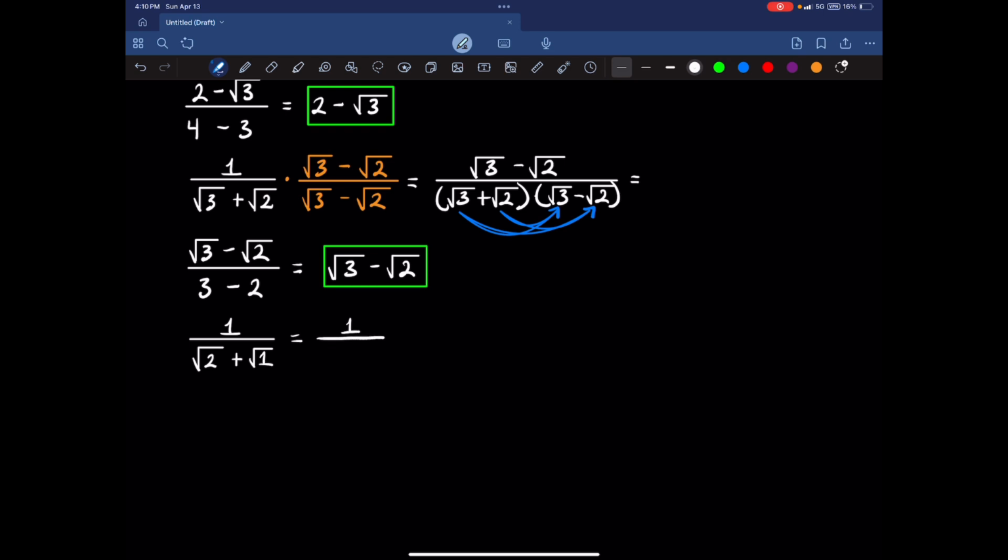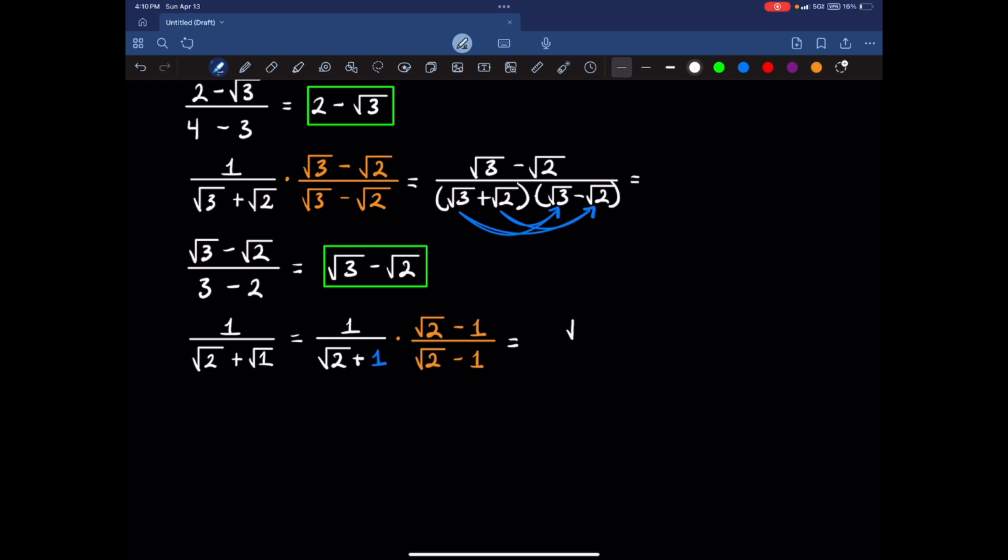We get 1 divided by square root 2 plus the square root of 1. Well, that's just 1, right? So we'll just write that as 1. And now we can multiply by the conjugate, right? So square root of 2, change the sign, so it was a plus, so now it's a minus 1, and divide by the same thing, so square root of 2 minus 1, and let's do the multiplication here.